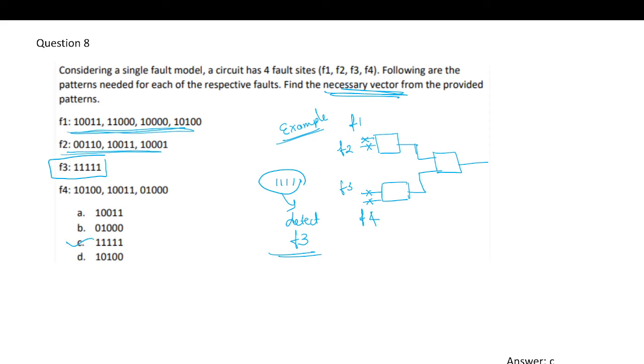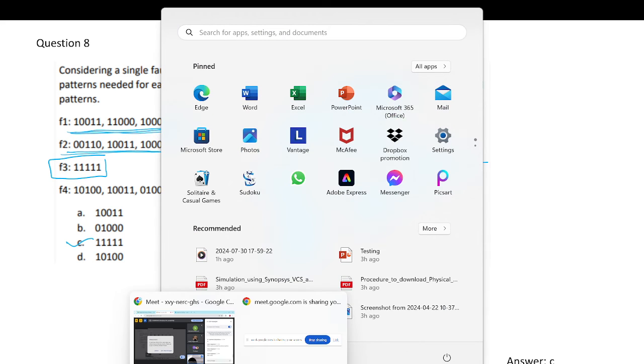So such a vector is a necessary vector. Clear?